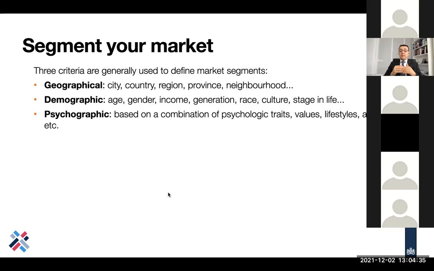Then there is a third way of segmenting, of breaking down large groups into smaller groups, and these are called psychographic. These are behavioral traits that come out of values and lifestyle.